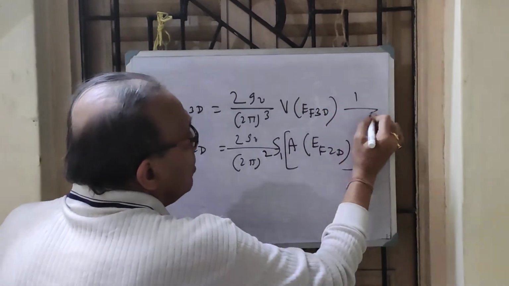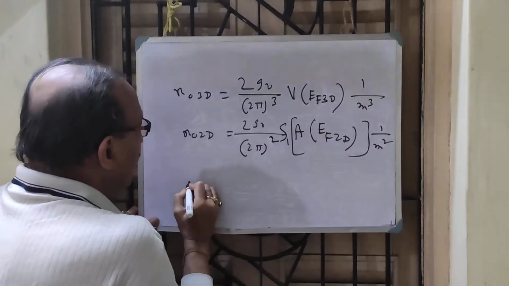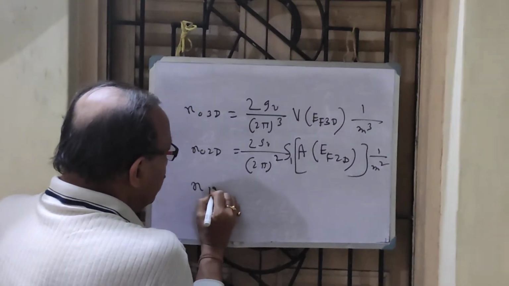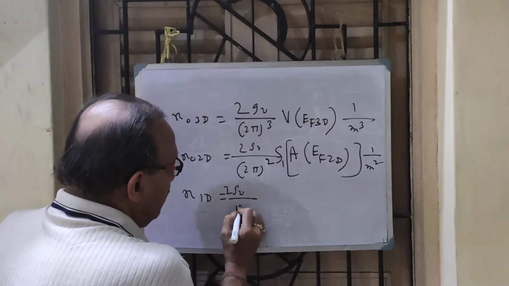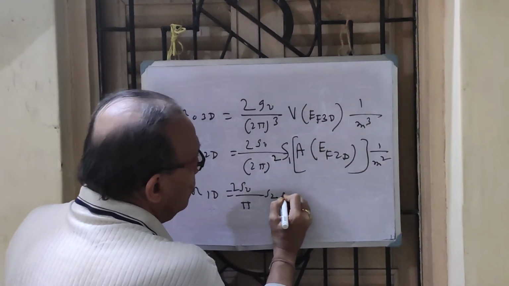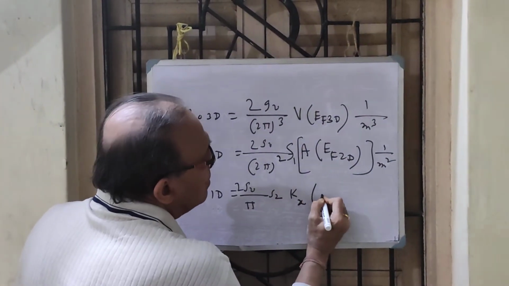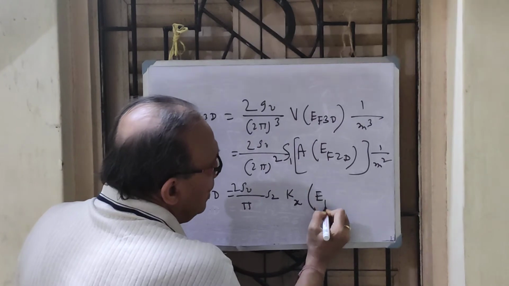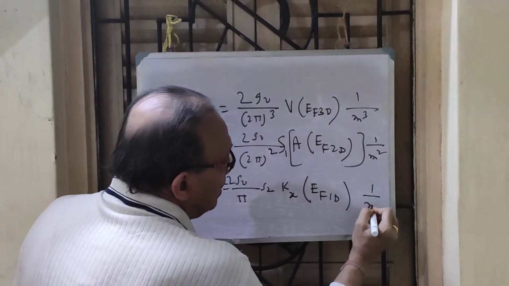Unit is 1 by meter cube, unit is 1 by meter square. For 1D, it is g_v twice g_v by pi S2, that is, if Kx is free, Kx at EF 1D, unit is 1 by meter.